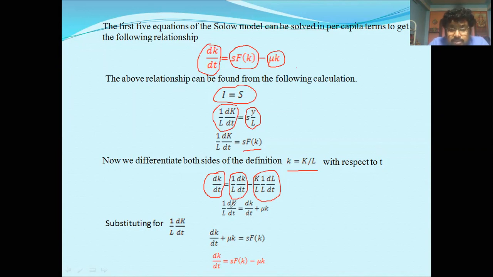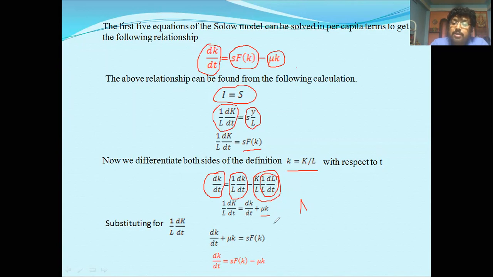Now by rearranging this, 1 by L dK by dt equals dk by dt minus mu k. Small k is known to us as K by L. So K by L is small k, and 1 by L dL by dt is nothing but mu. So it is nothing but the rate of increase in the labor force.